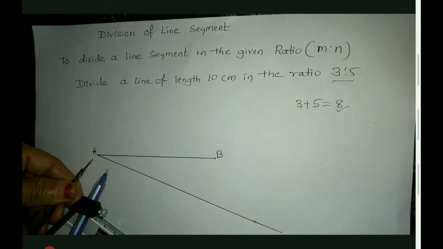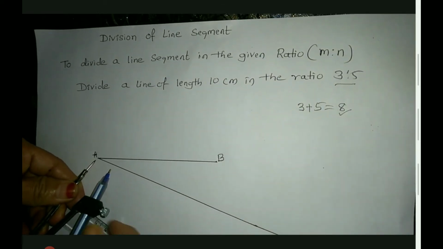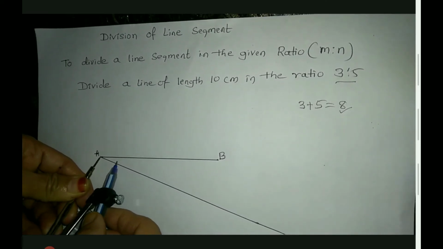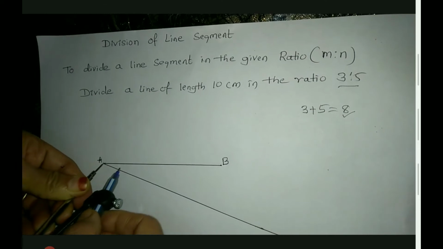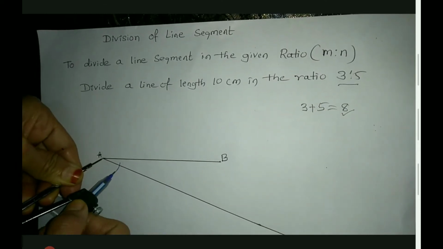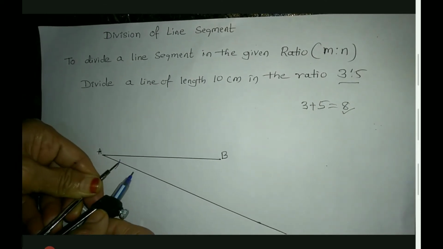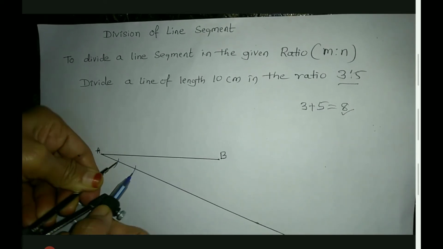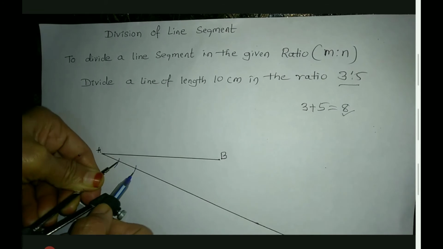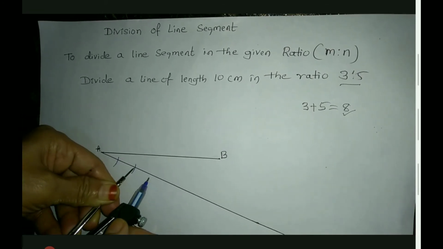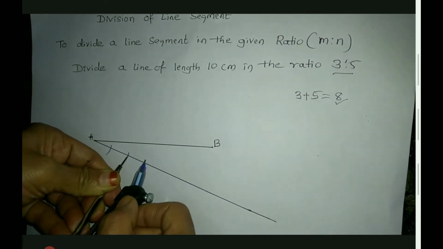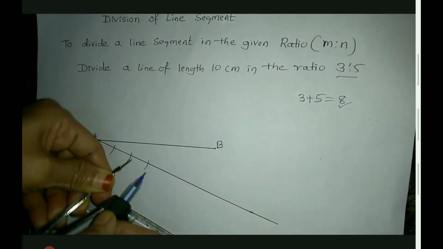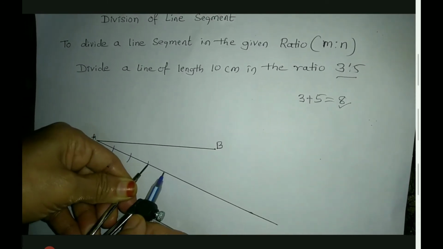So you take a compass and take a convenient measurement for the radius, and with the same radius you mark equal parts. The first part is over, and with the same radius mark the second part. Don't change the measurement. So you must have 8 equal parts on the second line here. So you got 3 parts here.